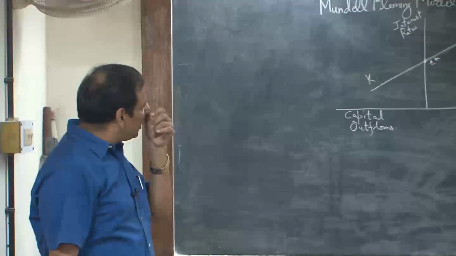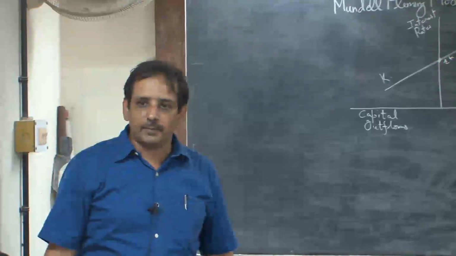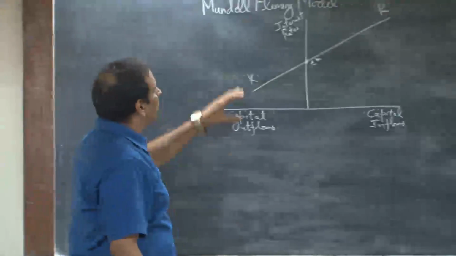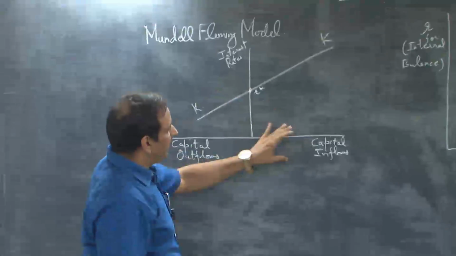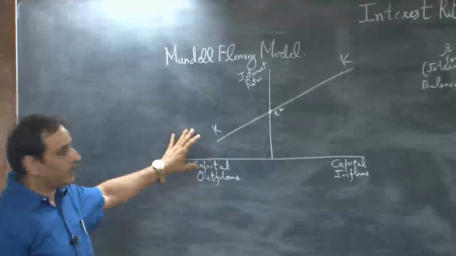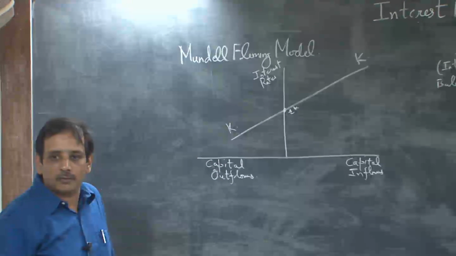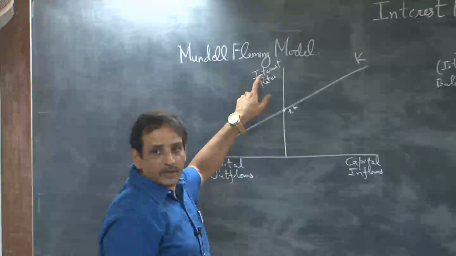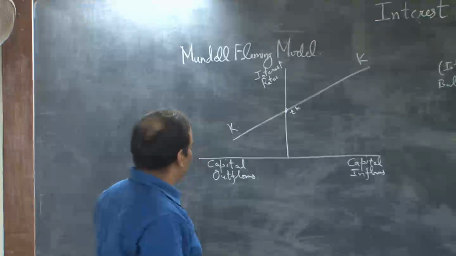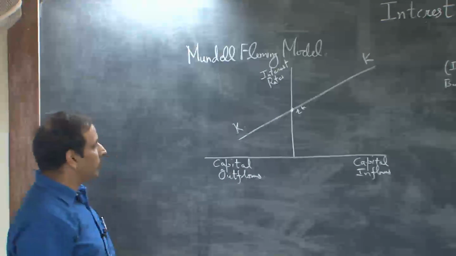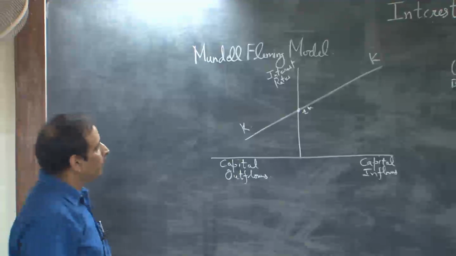So the Mundell-Fleming model, which came in the 60s, talks about how interest rates affect the capital inflows and outflows. This is a very simple description of the Mundell-Fleming model. On the y-axis, we have the domestic interest rates. On the x-axis, you have the capital inflows and capital outflows.